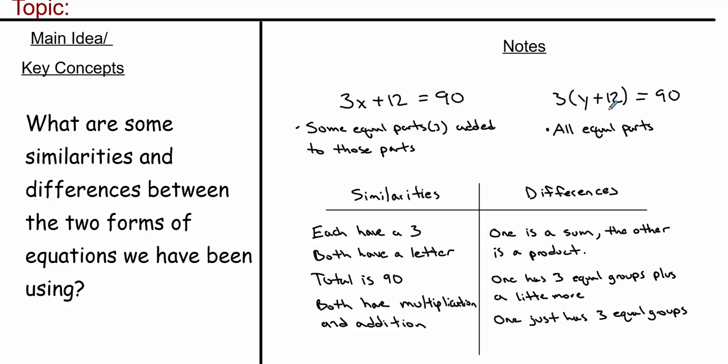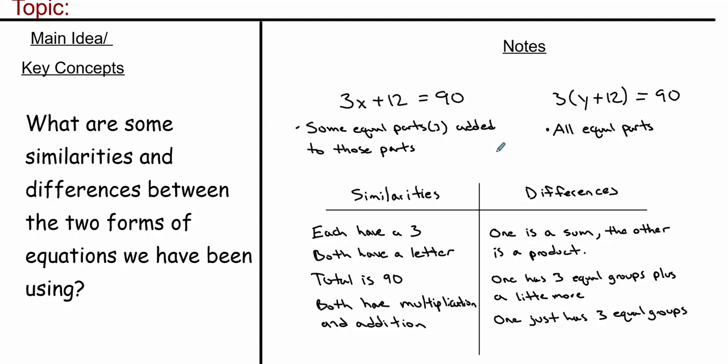And on the other, we had just 3 equal parts, right? The tape diagram was divided into 3 equal parts, and inside each of those parts was a sum of some numbers for a total of 90.